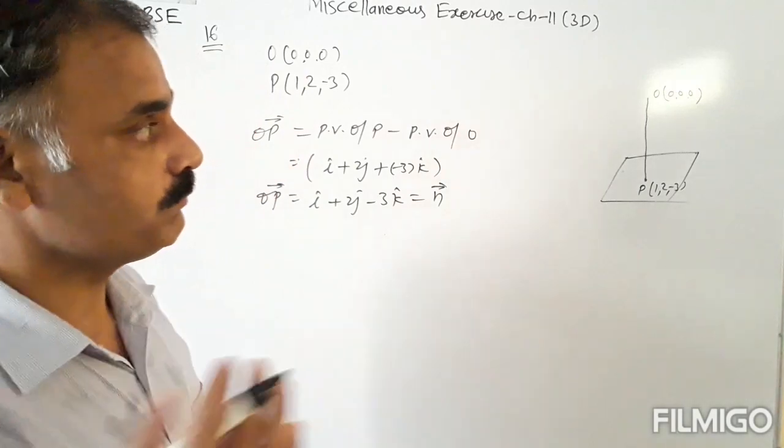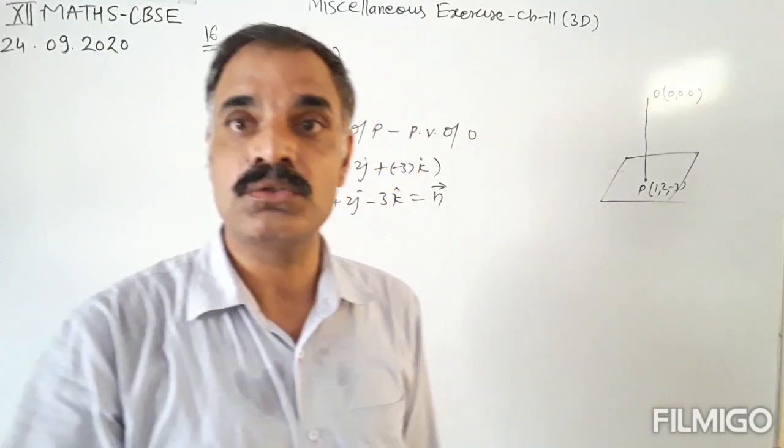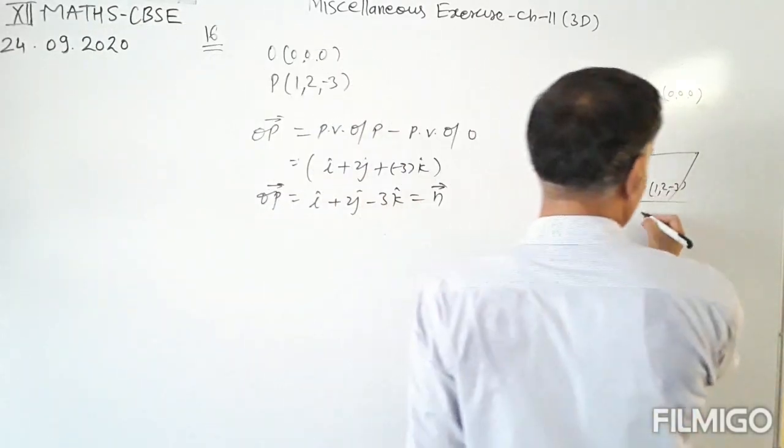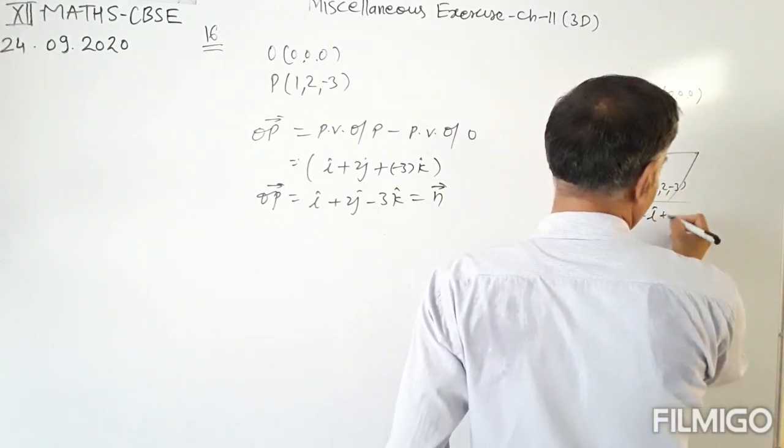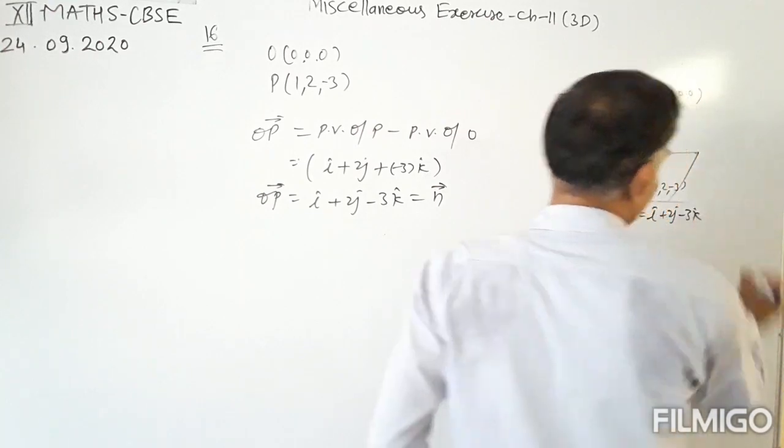Now we have to find the equation of the plane passing through the point P. Passing through this point P means passing through the vector a, that is i cap plus 2 j cap minus 3 k cap.